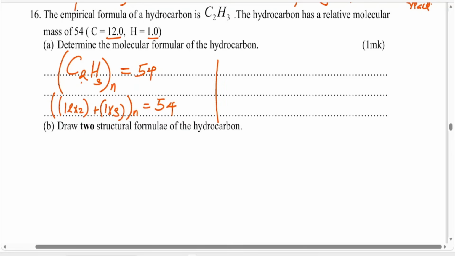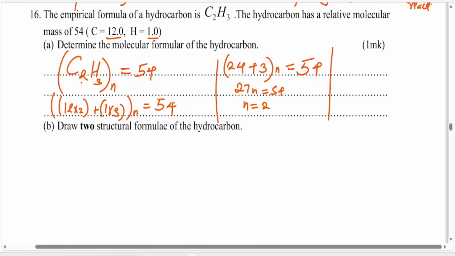When you work it out, you have 24 plus 3 into n equals 54. 27n equals 54. n equals 2.